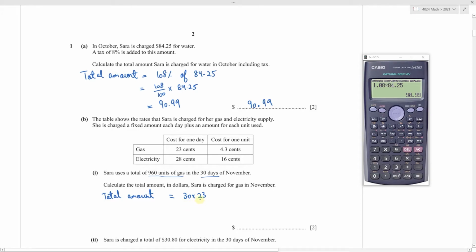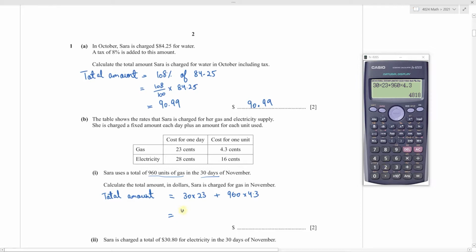So this is the cost with respect to the days. You have to add the cost of units as well. So the cost for 1 unit is 4.3 cents for gas, and she used a total of 960 units. So the unit cost will be 960 multiplied by 4.3. So 30 times 23 plus 960 times 4.3.